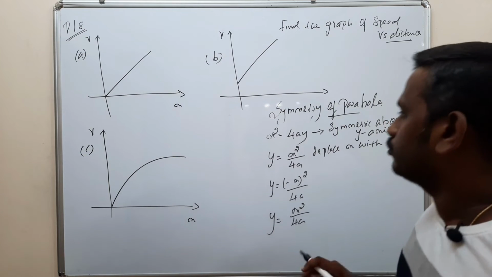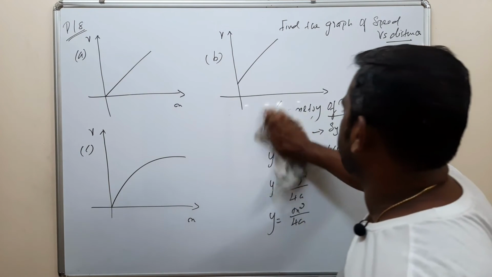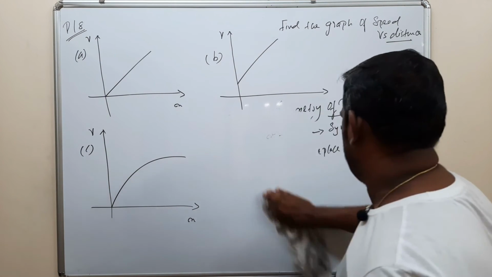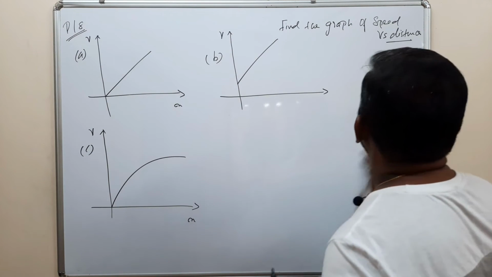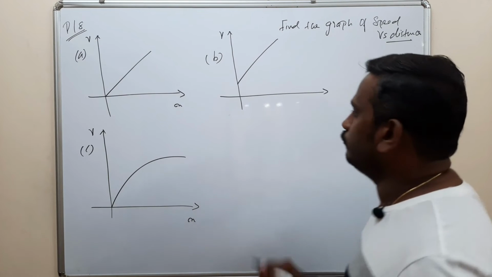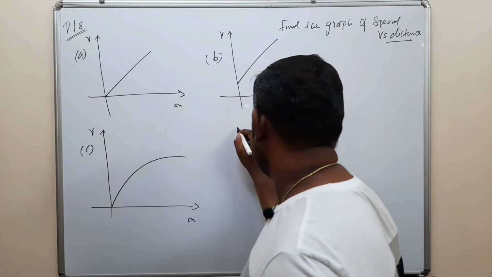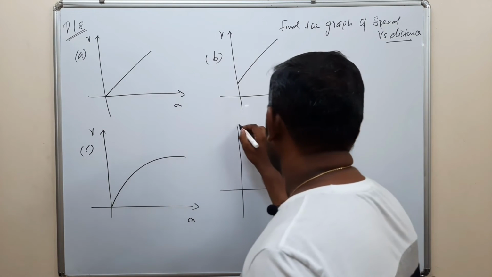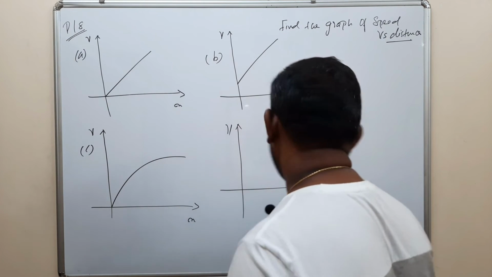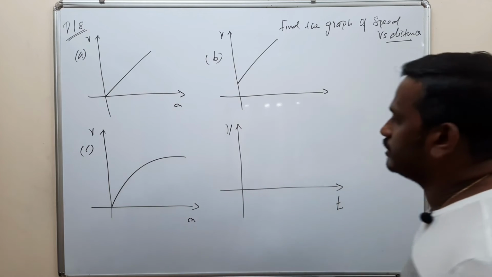So come to our problem. The fourth graph is like this, a velocity time graph.